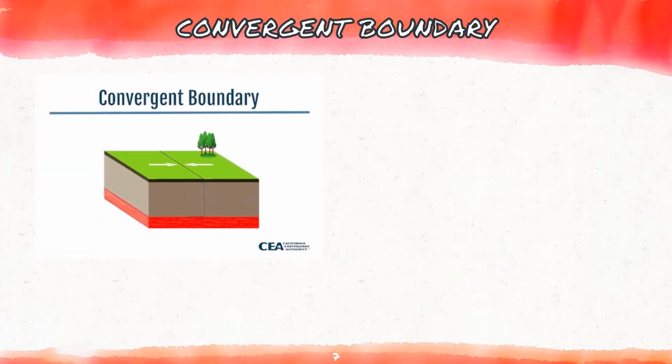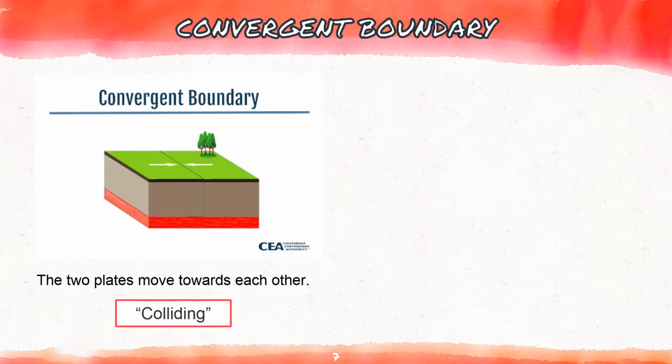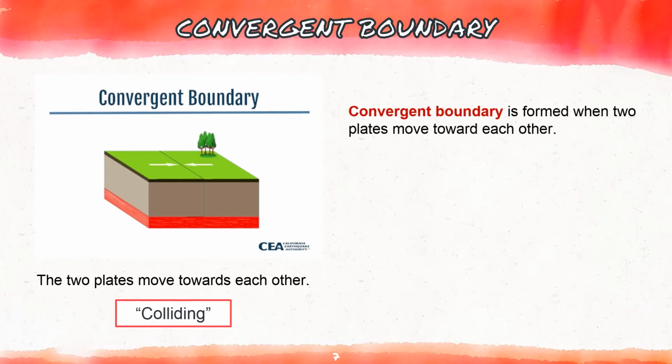When you look at the illustration of a convergent boundary, how are you going to describe the motion of the two plates? We can say that the two plates move towards each other. The clue word that we can use for convergent is colliding. Convergent boundary is formed when two plates move toward each other.